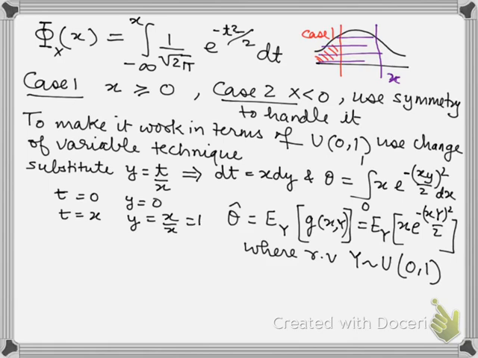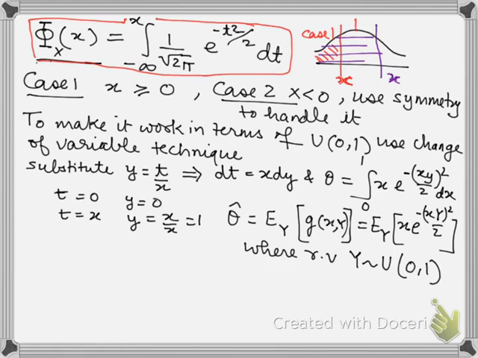So one more time, we are trying to evaluate this integral, phi of x. It has an unbounded interval, and the other issue is that x is a random variable that follows a normal distribution, so x could be here or x could be here.